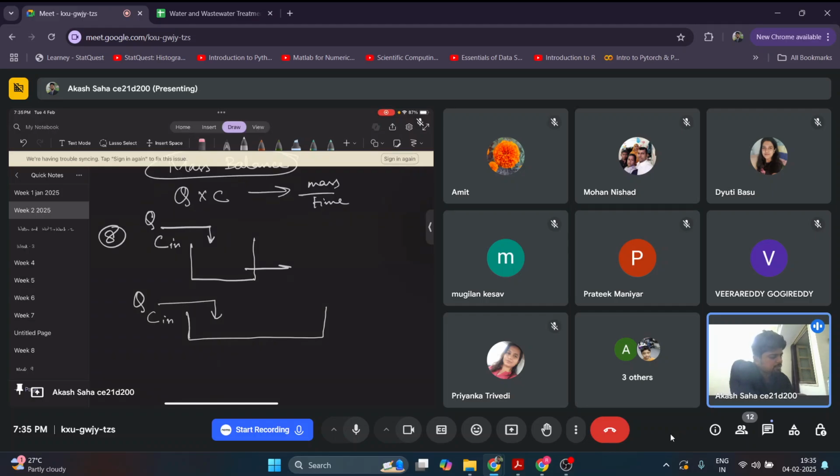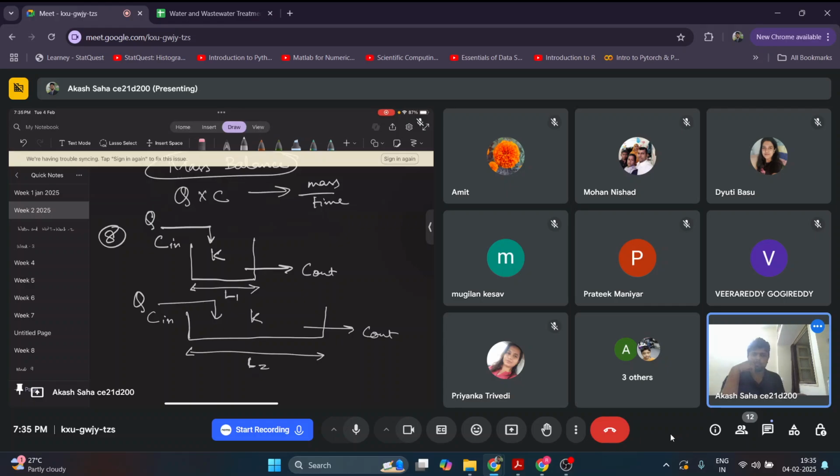The outgoing is C out, and here also the outgoing is C out. And the K value is also the same, the degradation constant in both is the same. Now, for one it is, suppose, L1, and for the other one it is L2.